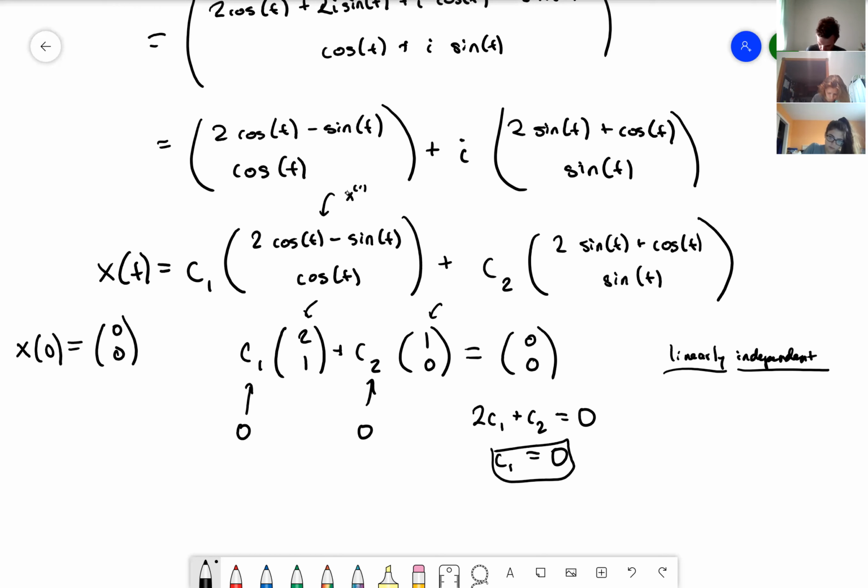We get C1 is equal to 0. We plug that in here, and we get C2 is equal to 0. So we have solved this linear system to show that the only linear combination of the vector (2, 1) and the vector (1, 0) that gives you (0, 0) is multiplying them both by 0.